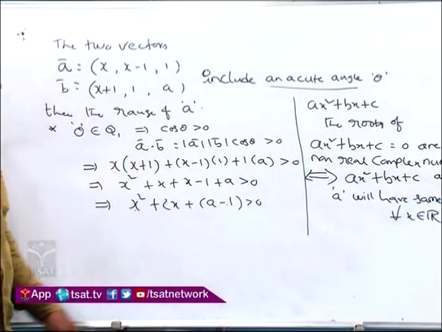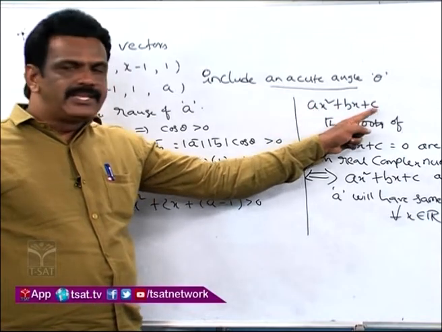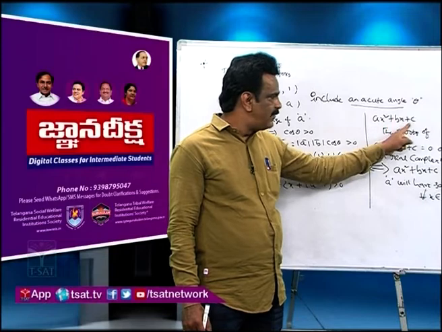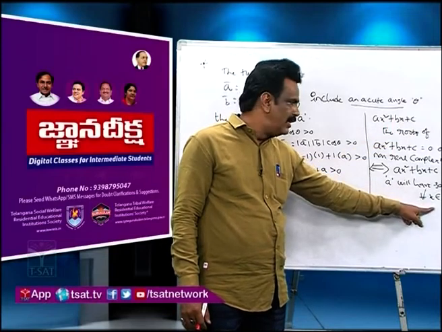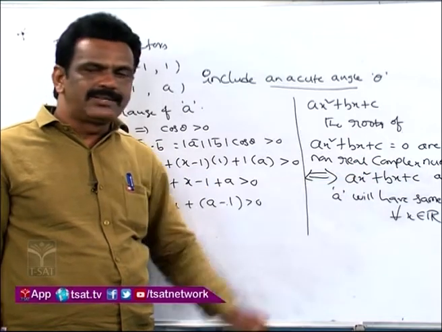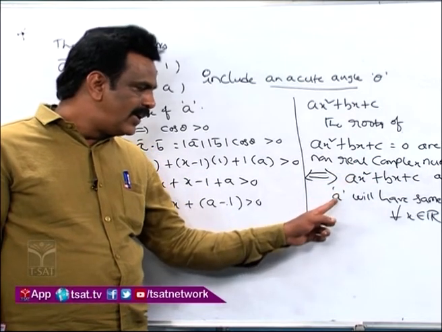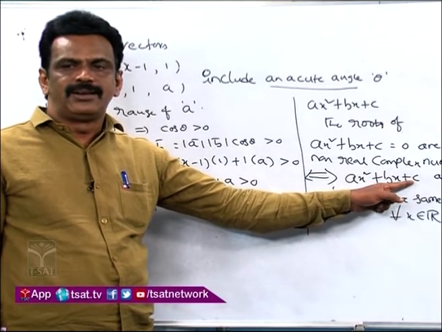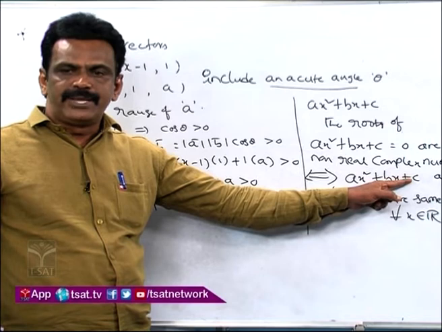Means ax square plus bx plus c is a quadratic expression, or you can say a quadratic function. For that quadratic function the domain is the set of real numbers, and whenever the corresponding quadratic equation has roots that are non-real complex numbers, if a is positive, the quadratic expression or quadratic function always takes positive values.